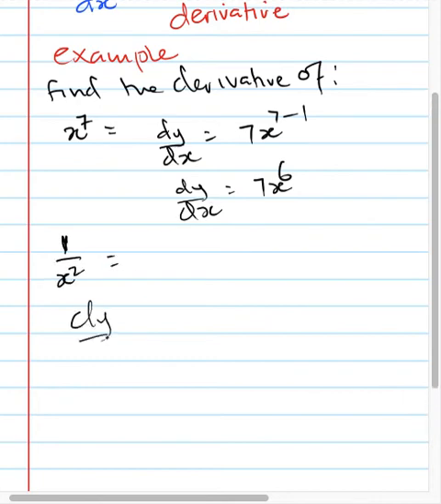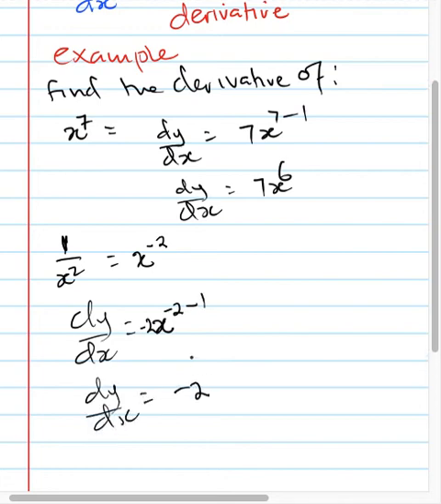You can say dy dx is, remember indices, how you studied indices, this is the same as x to the power of negative 2, so negative 2 comes down here, then negative 2 minus 1, so dy dx will be negative 2 x to the power of negative 3, or you can say negative 2 over x to the power of 3. So this is the derivative.